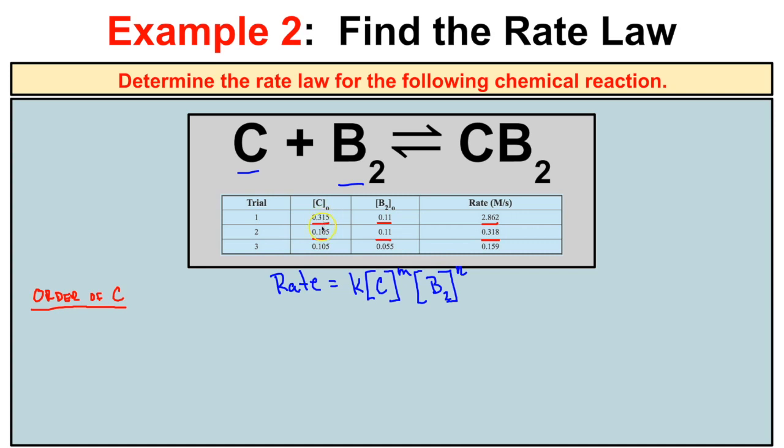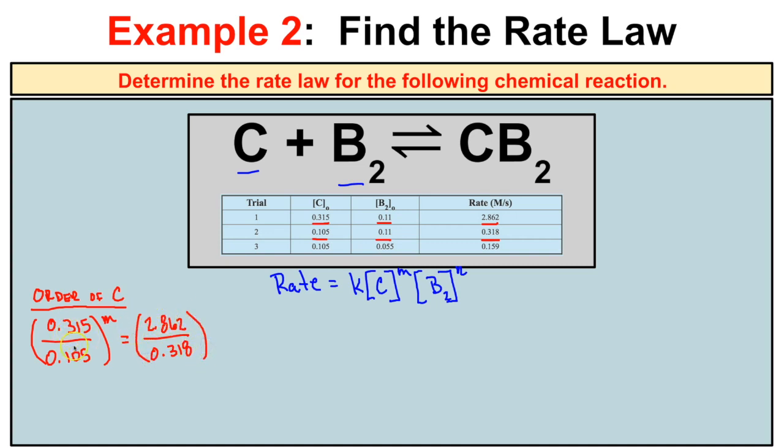And so we're going to take the higher of our two values for reactant C, which is 0.315, and divide this by the lower of our concentrations for reactant C, which is 0.105, and raise this to the M power, and set this equal to the higher rate over the lower rate. So 2.862 divided by 0.318.